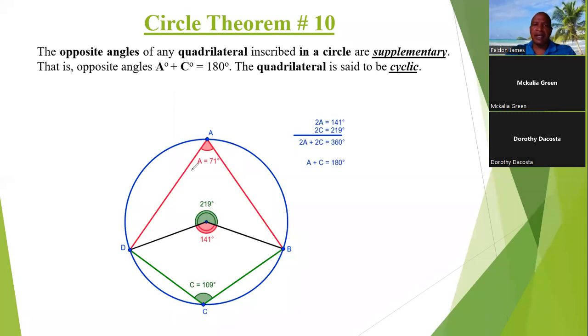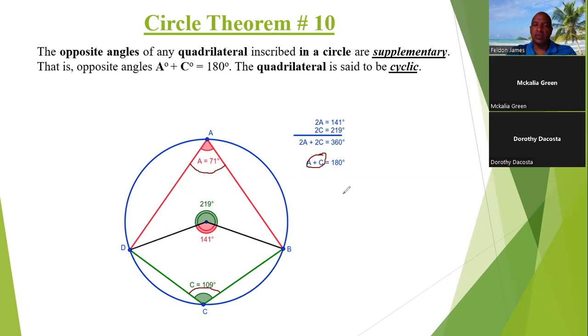If you have an angle at A, the one opposite is the angle at C. Supplementary angles add up to 180 degrees. So if you add angle A and angle C, you will get 180.